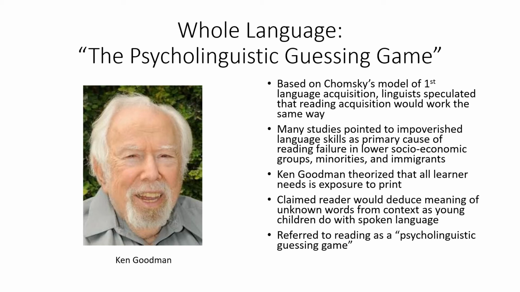They figure out the word that they don't know the meaning of based on the context in which it's spoken. And Goodman coined a phrase. He referred to reading as a psycholinguistic guessing game. This is the foundation of what we know today as the whole language approach.